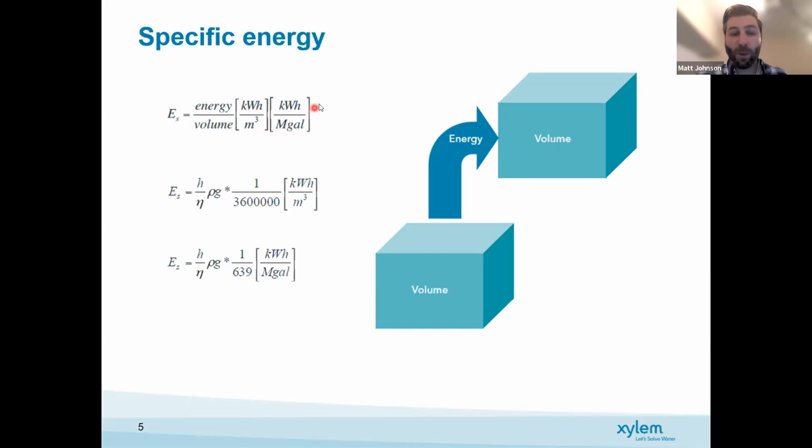Typically, you'll be looking at kilowatt hours per million gallons. And this equation simplifies down to the pump head over efficiency times the density of the fluid, gravity, and a few conversions for units.